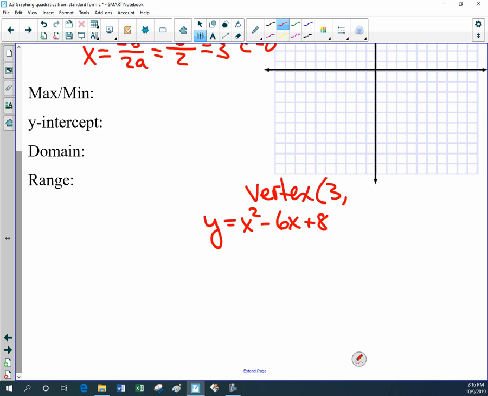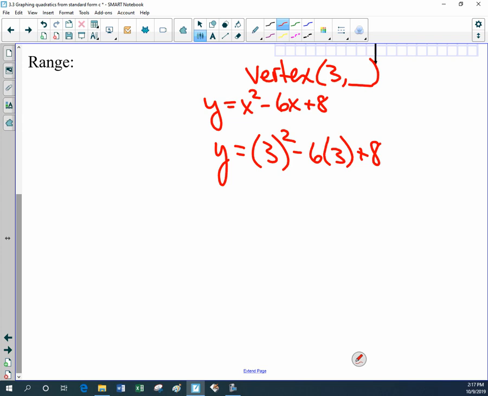Okay, and to find the value of y, we're going to plug 3 in for x. So y is going to equal 3 squared minus 6 times 3 plus 8. So 3 squared is 9, negative 6 times 3 is negative 18, and then plus 8.